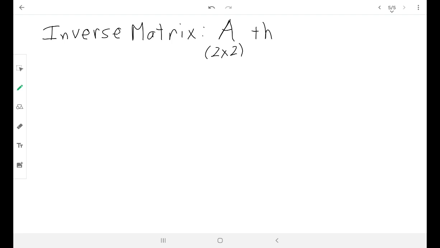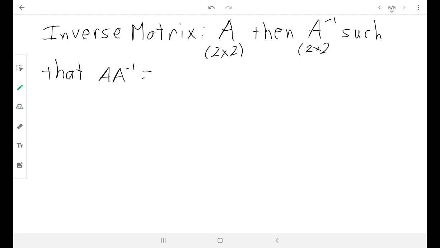then A inverse is a 2 by 2 such that A times A inverse will equal 1, 0, 0, 1, like that.